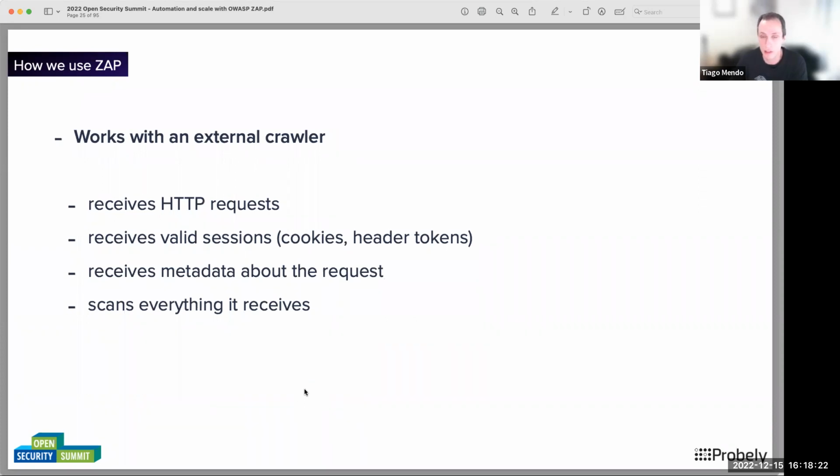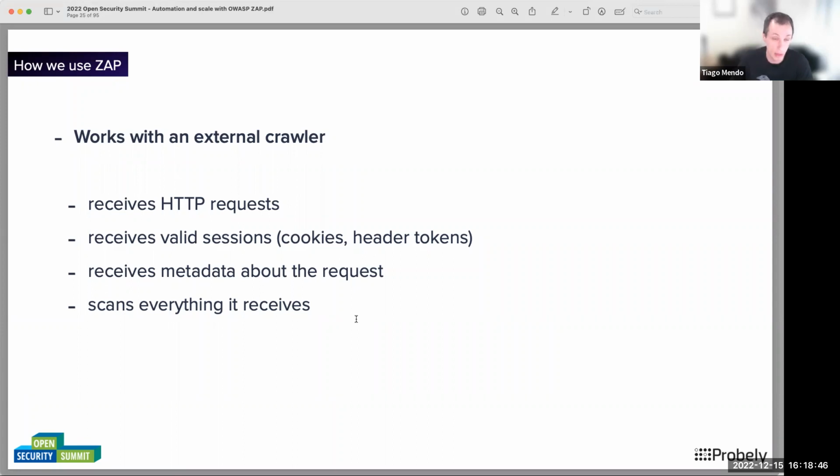This is always a challenge for scanning. This means receiving new cookies, new JSON tokens. We also receive some metadata about the requests, like this is a login page, this is a JavaScript file, stuff like that. So basically, our ZAP scans everything it receives.